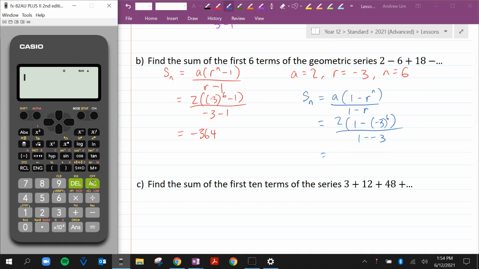When we put that in the calculator, we get minus 364. So that shows you it doesn't matter which formula you use. If you want to just get used to one of them, that's fine.